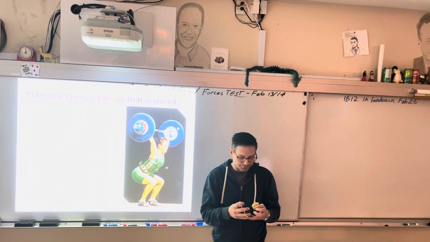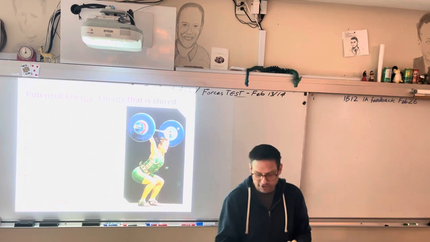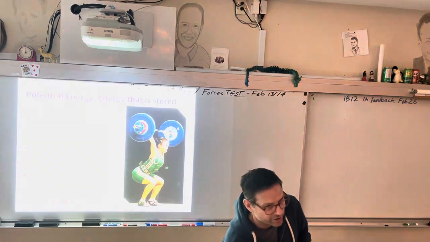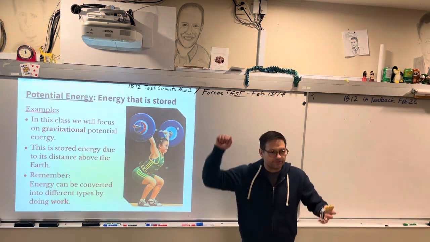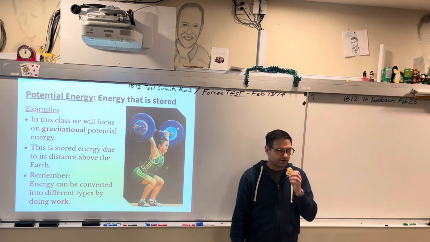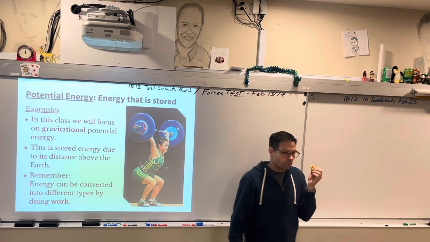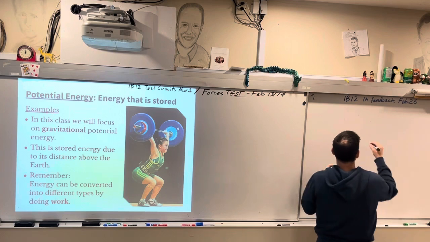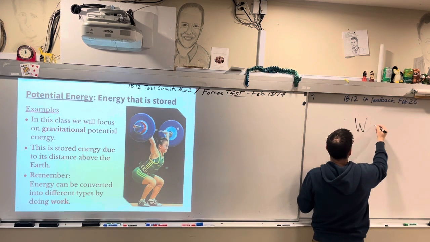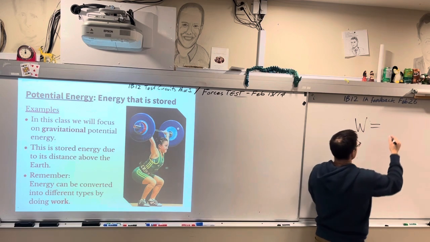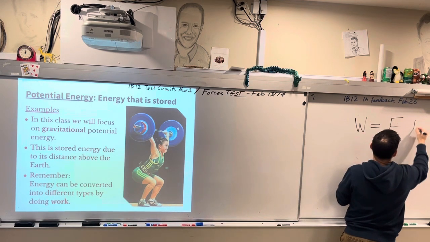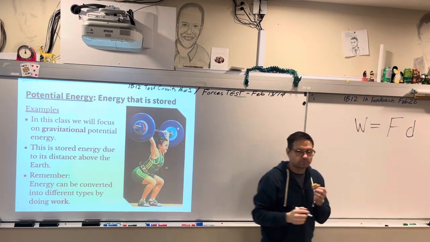Kind of makes sense. So how would you calculate the work that she has done in order to lift this weight off the ground? Work equals what? Force times distance. Good. Force times distance.